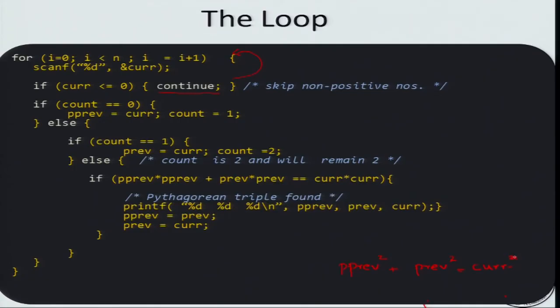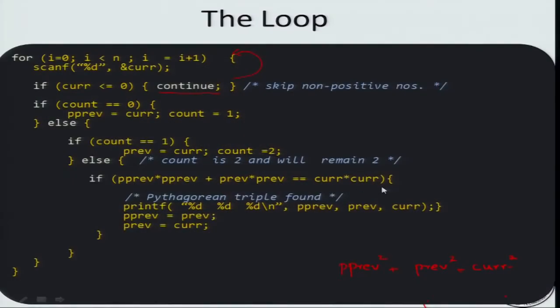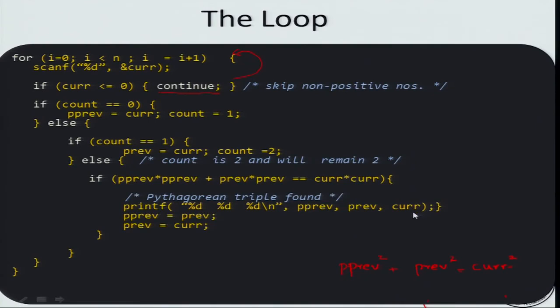Okay. So that is what we will check. We will check whether previous to previous squared plus previous squared is equal to current squared. If that is true, then you have found the Pythagorean triple. Okay. So you will just printf that I have found the Pythagorean triple, which is formed by previous to previous, previous, and current.